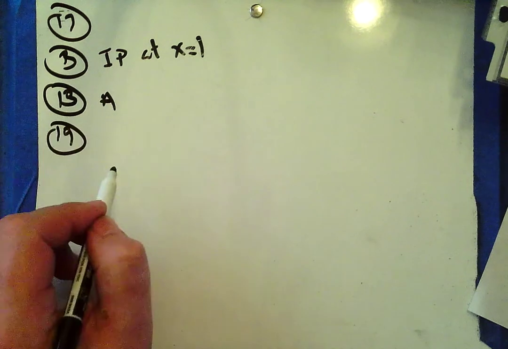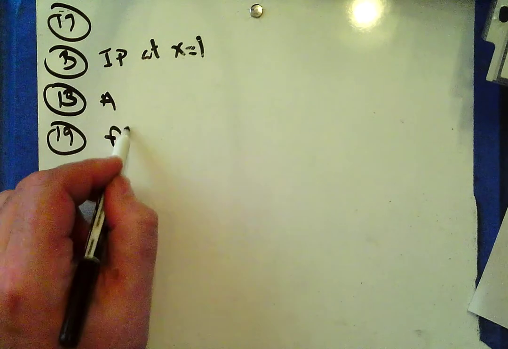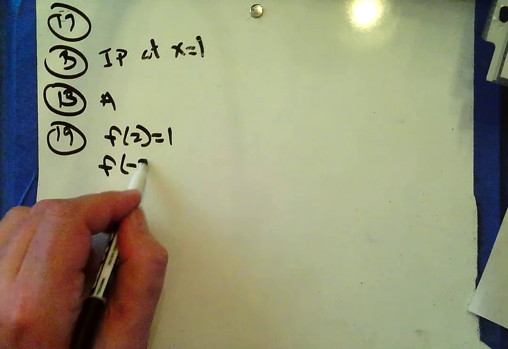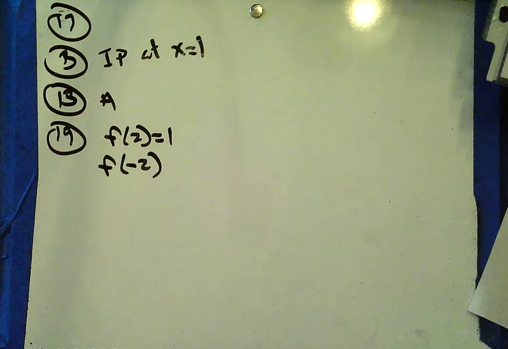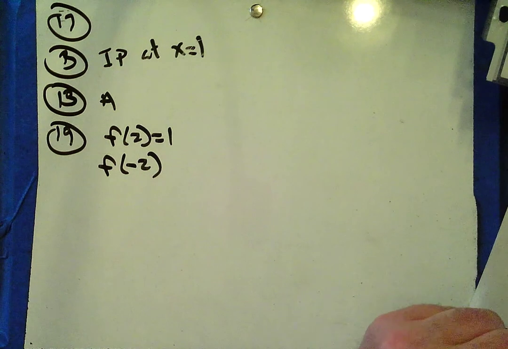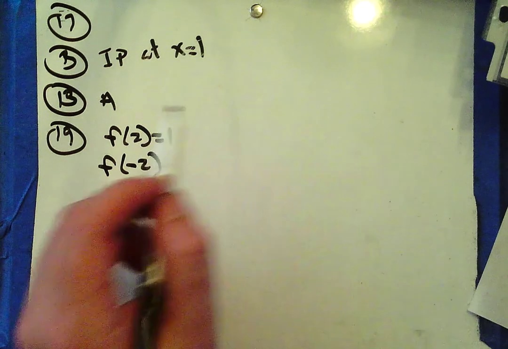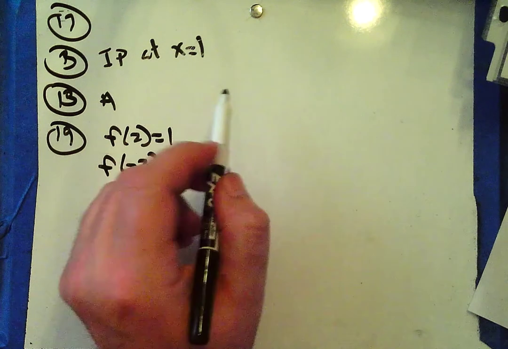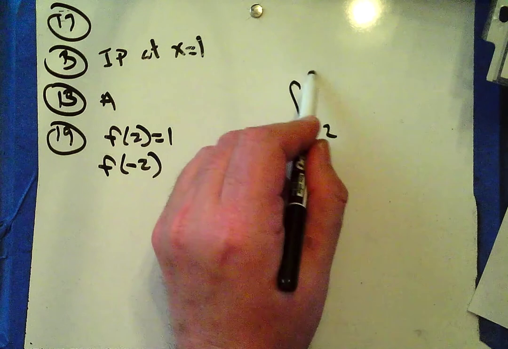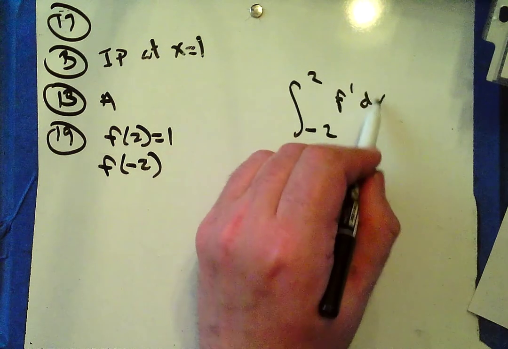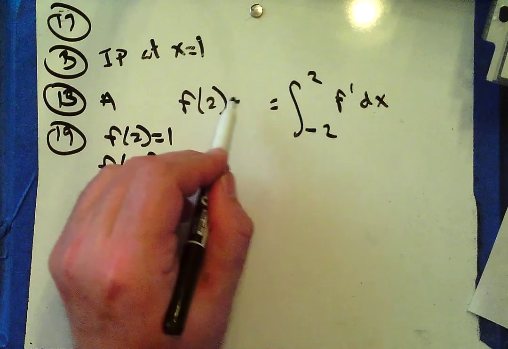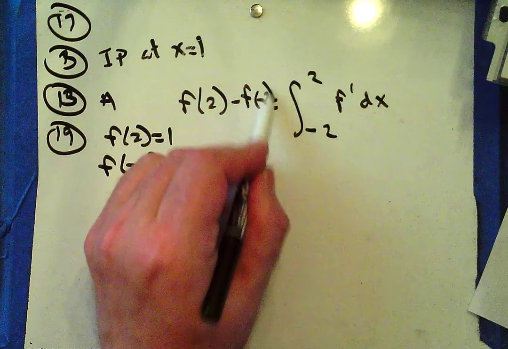19 says f of 2 equals 1. What's the value of f of -2? Well, this is an opportunity for me to bust out the fundamental theorem of calculus and say that the integral from -2 to 2 of f prime of x dx will be equal to f of 2 minus f of -2.